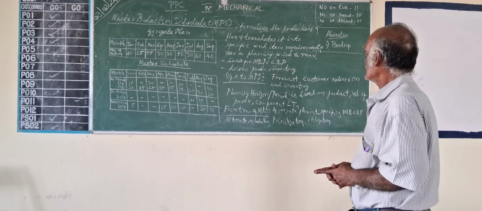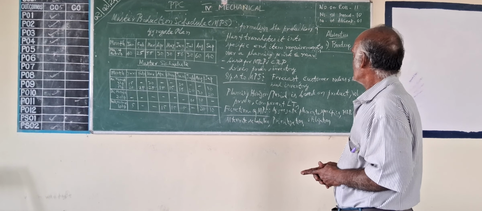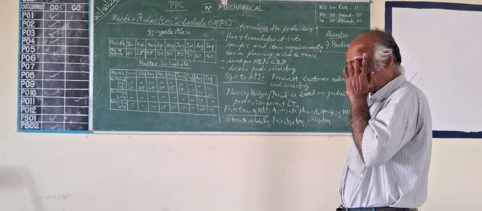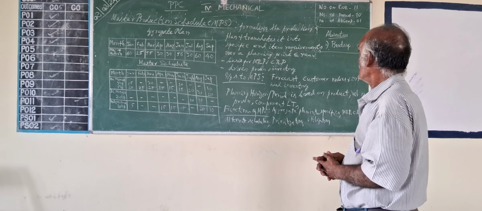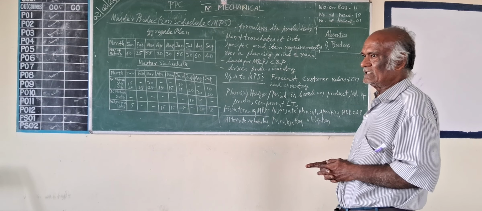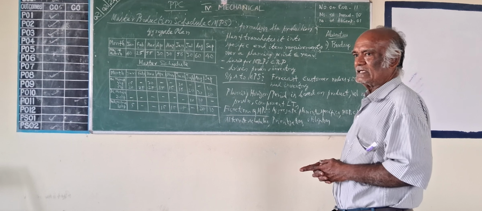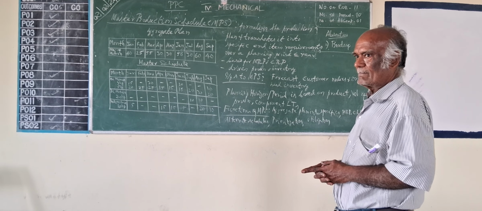Now, what is the master production schedule? It is a formalization of the production plan and converts it into specific end item requirements over a planning period, normally less than or equal to a year. It is the basis for MRP and CRP, as already told.